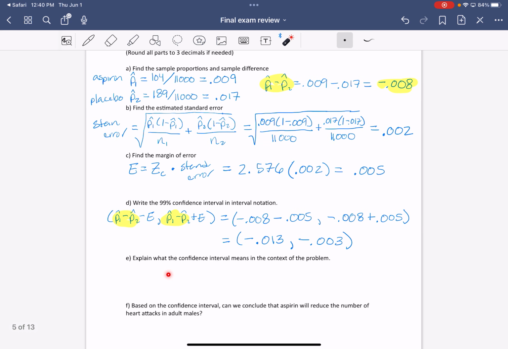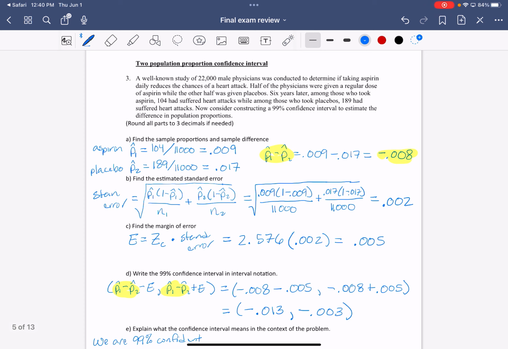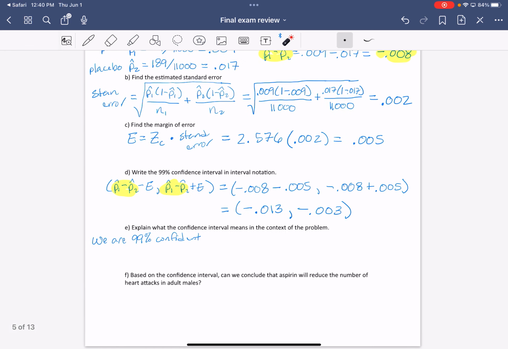Part E, explain what the confidence interval means in the context of the problem. Well, we are 99% confident that the difference between, right, because that's what we calculated, the difference between these. Overall, we want to know what the difference is between those taking the aspirin versus taking the placebo.